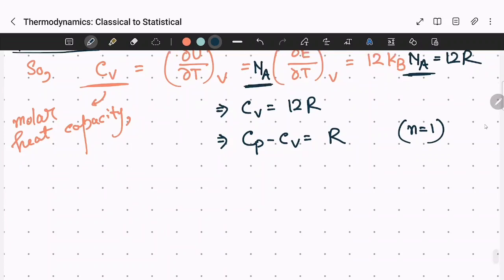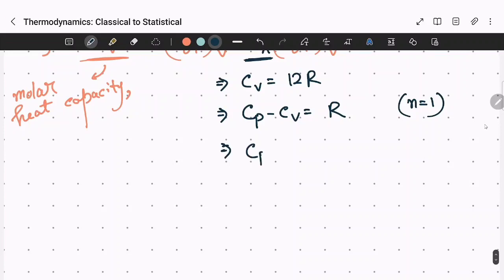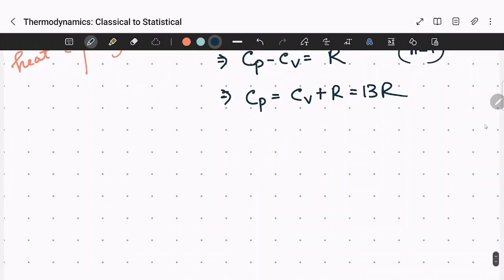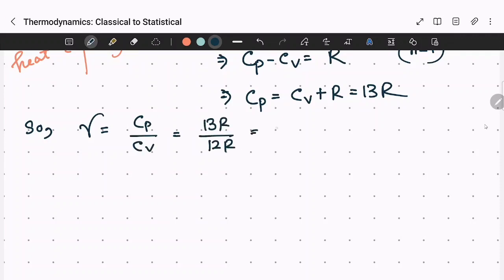So Cp will be Cv plus R, so that should be 13 R. Then gamma is Cp by Cv, so 13 R by 12 R, so it's actually 13 by 12. This is obviously greater than 1, but we have to find the ratio.